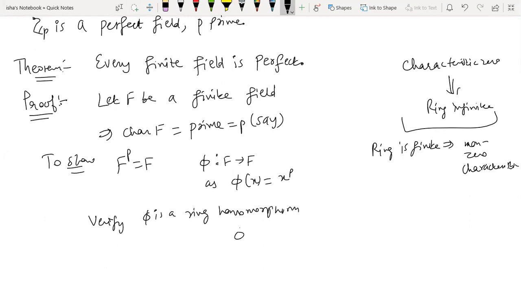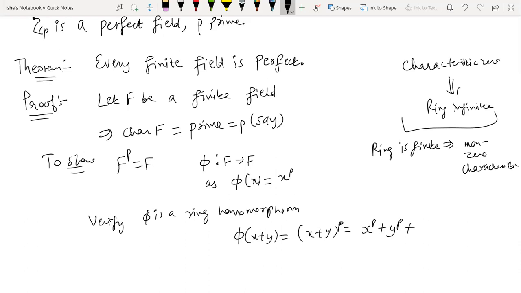You can very easily show phi of x plus y is x plus y raised to power p, which will basically be x raised to power p plus y raised to power p, because when you do the binomial expansion, all the terms in between will be multiples of p.